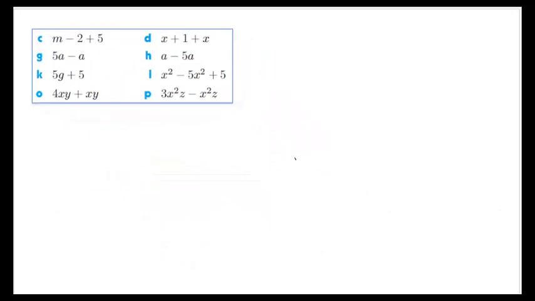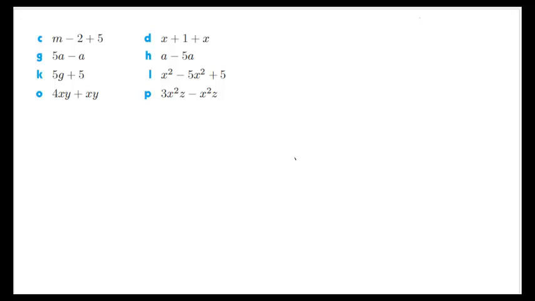What we're going to do is look at a number of questions. So this is exercise 3A. We're going to start with question 1. Let's start with 1C. 1C says m minus 2 plus 5. What I need to do is identify. Remember, we've got different steps.